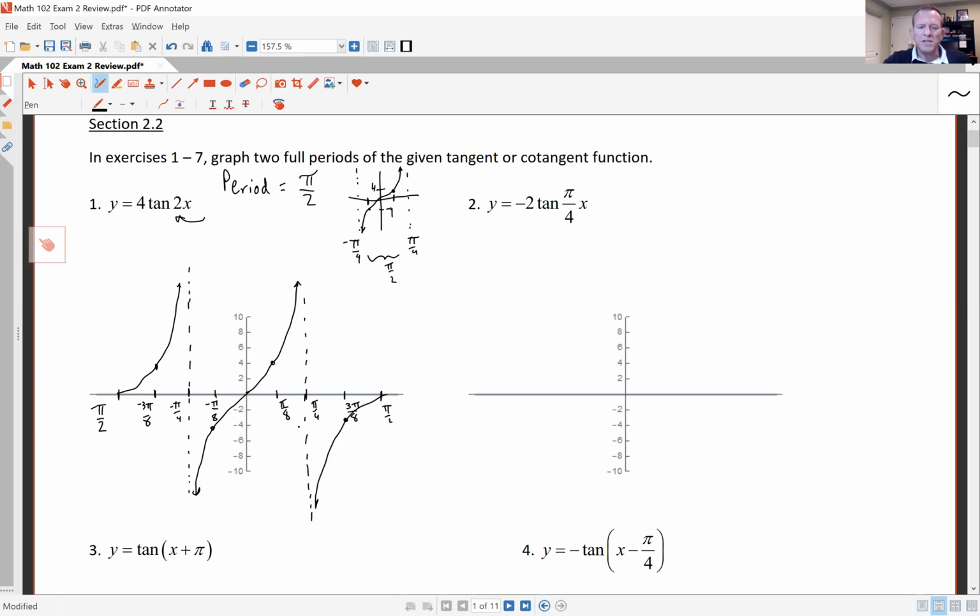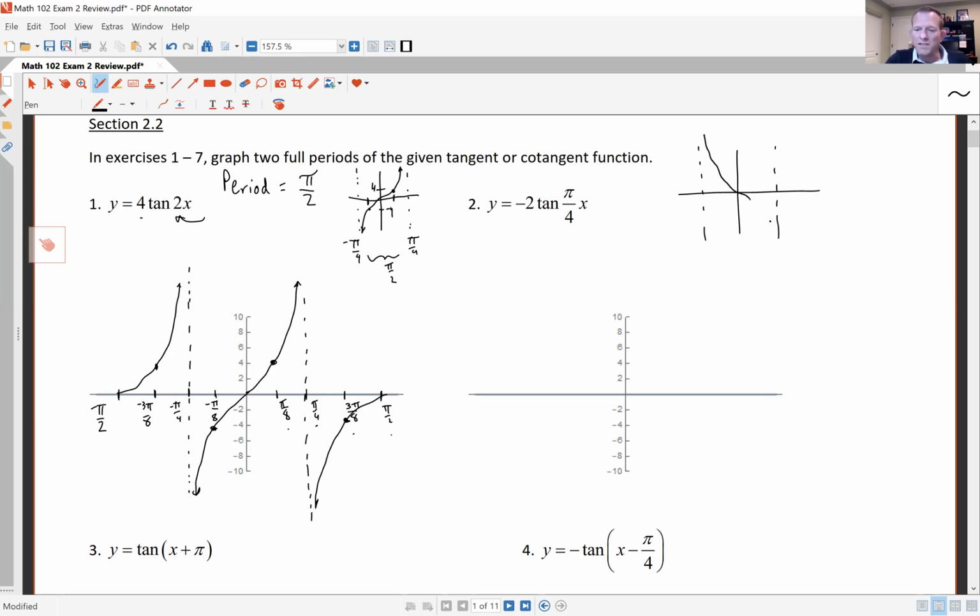Okay, so remember, I want you to label the axes with these tick marks of the key points. And I want to make sure for the tangents that you know where these points are, the 4. For number 2, it's a negative tangent. Negative tangents get flipped over.